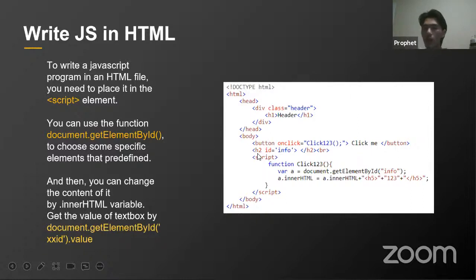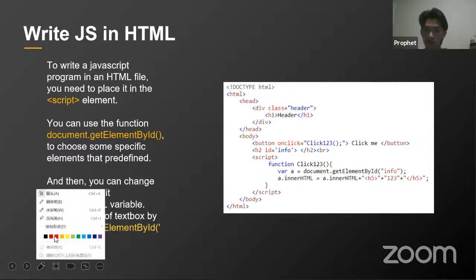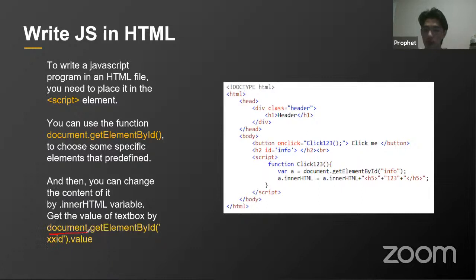You can use document.getElementById. You can give that text box an ID, and put the ID here. And you can use .value to get its value. Like you put the chain ID text inside, then you can get the chain ID back to the JavaScript and assign it to another variable. And then you can use this text in your program.